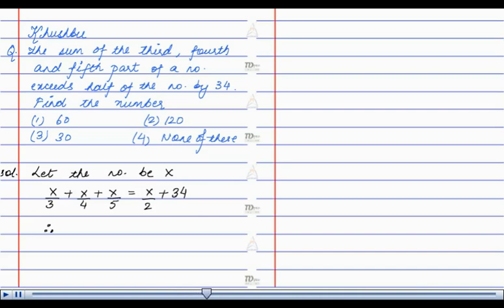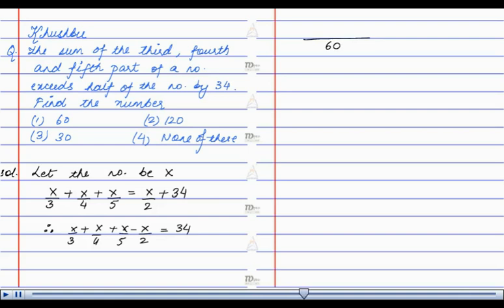Therefore, we have x by 3 plus x by 4 plus x by 5 minus x by 2 is equal to 34. Taking LCM of 3, 4, 5 and 2, we get 60.